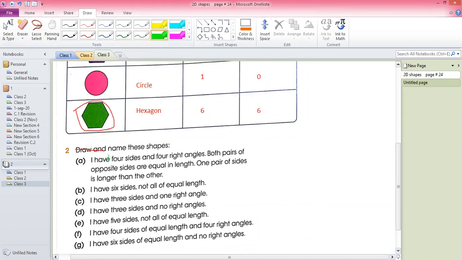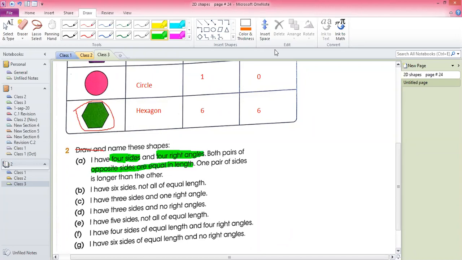Guys, they're giving the clues. I have 4 sides, 4 right angles. So you should know which shape has 4 sides and 4 right angles. Both pairs of opposite sides are equal in length.